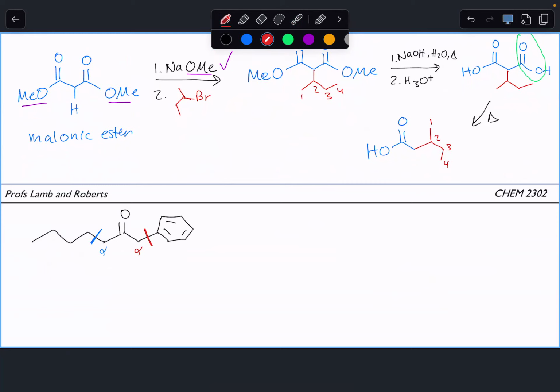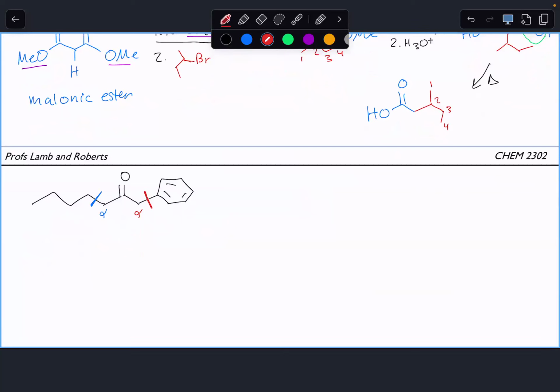Again, I'm drawing the cuts after the alpha position. Make sure we do that. So let's see which one makes the most sense. It's okay if you don't know at the beginning, we're going to figure it out. So let's do the red one. So what would the red one need? I would need the left side of the molecule to be my enolate.